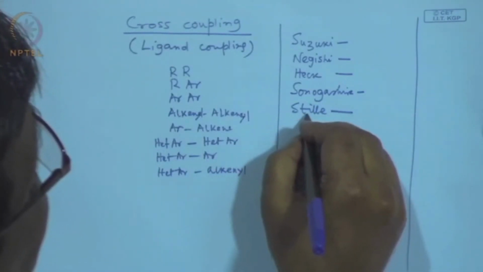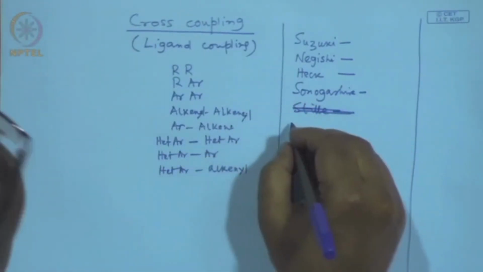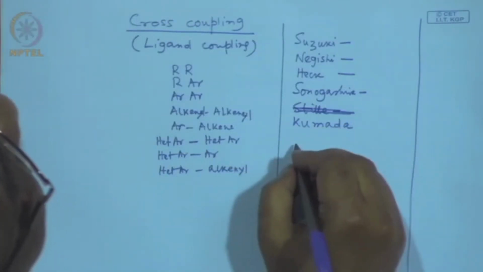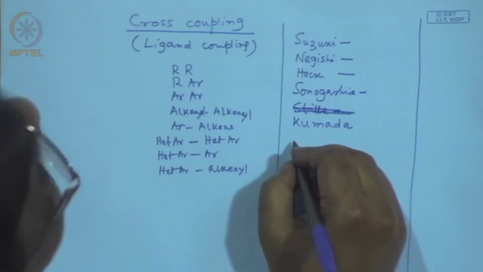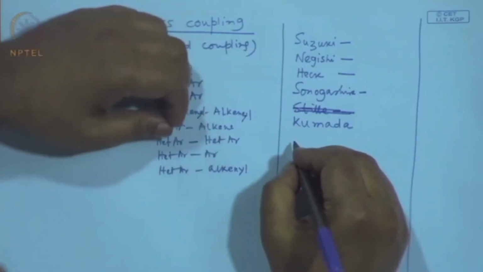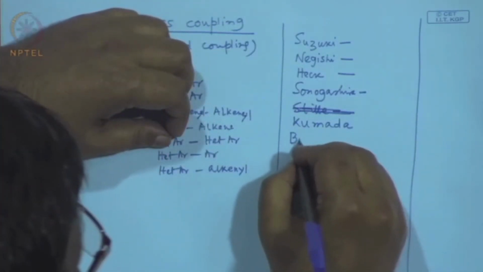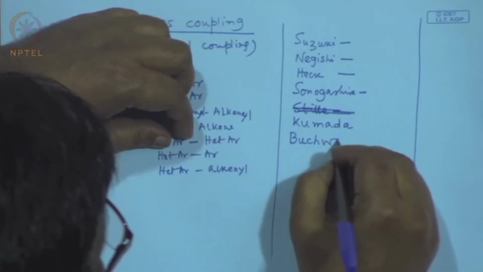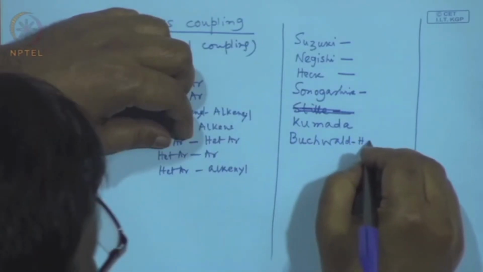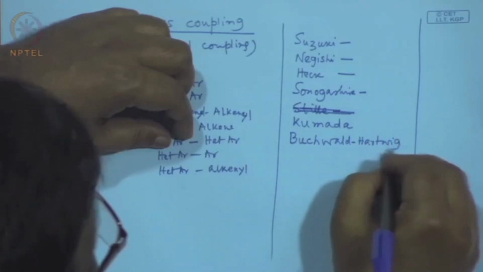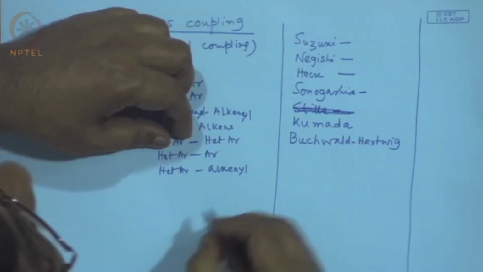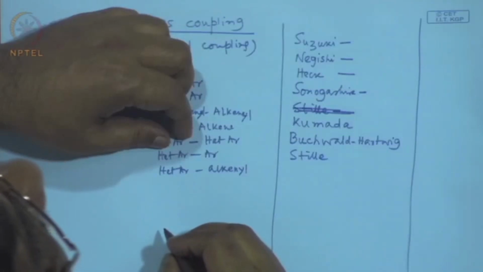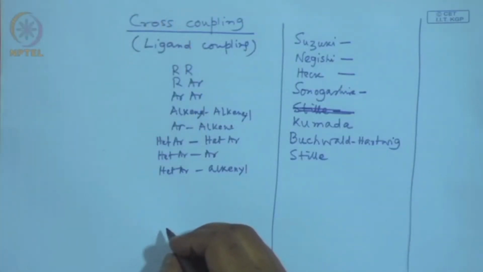I would take Stille a little later, maybe Kumada. No, at least in this class I will take something else. Buchwald, Hartwig. Then I will take Stille. Anything else?